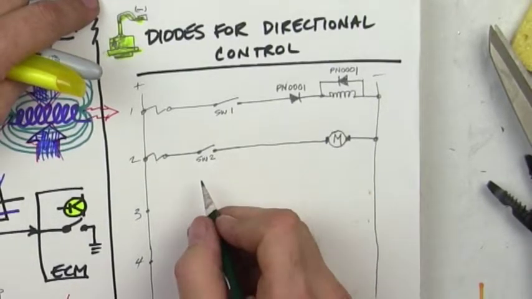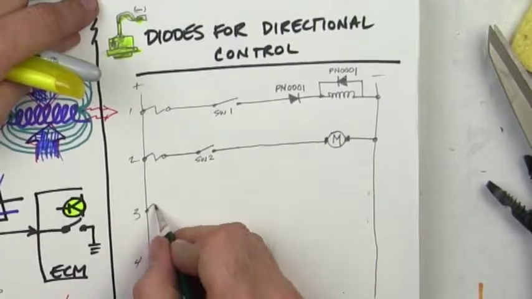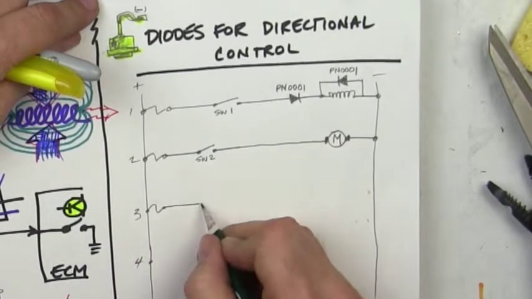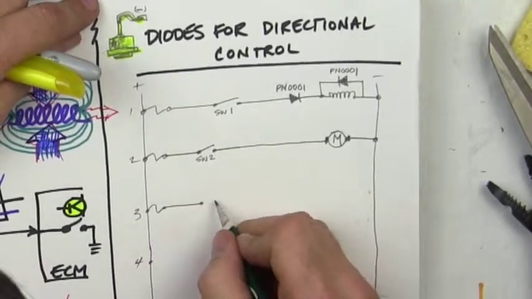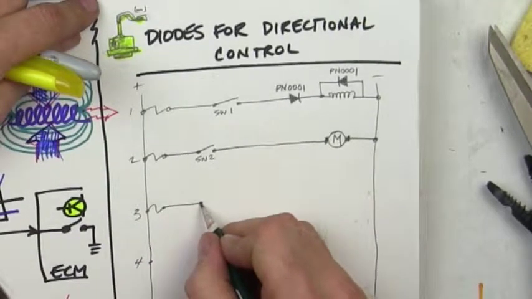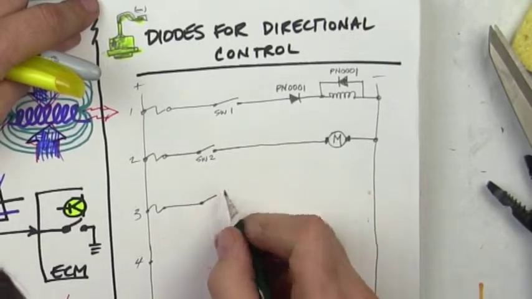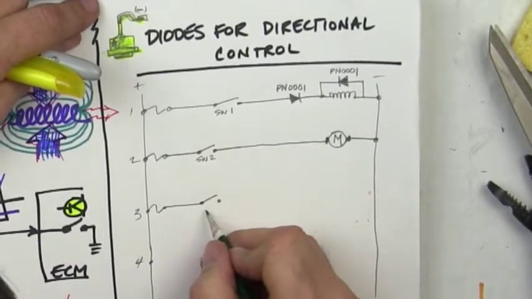All right, now, let's say that we have another circuit that has a switch, and I'm making this up on the fly, so I could screw it up, but if I do, I'll fix it.